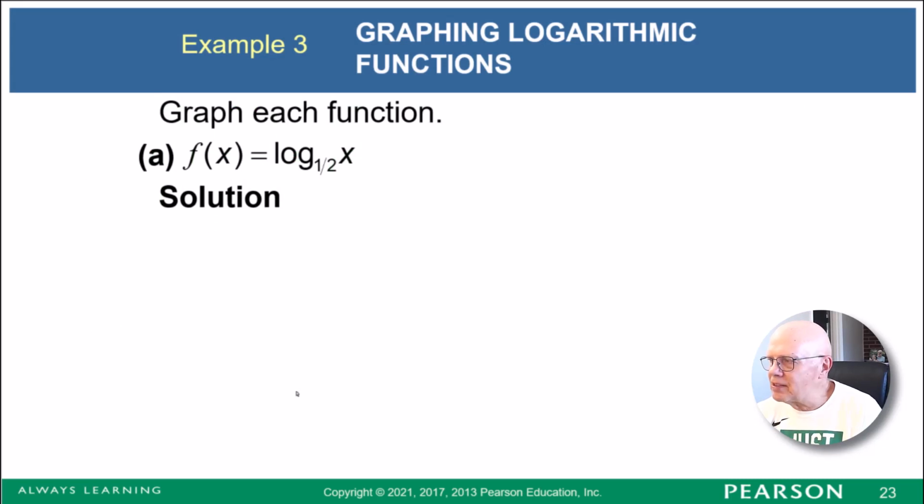So how do you graph this one? Let's take a look. Notice first what the base is. You always start with the base. The base is 1/2. What does that mean? That means that your graph is not going to look like this. It's going to be the opposite.